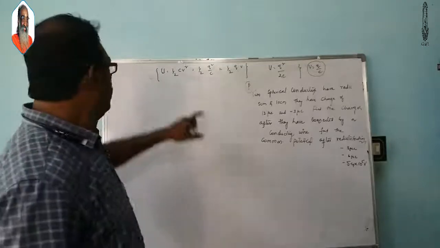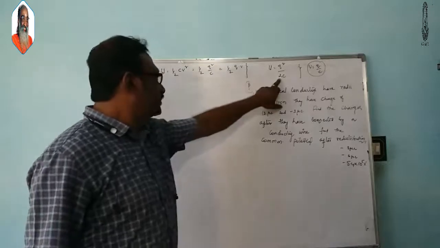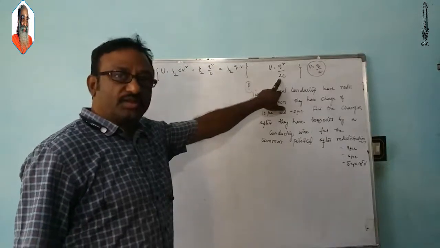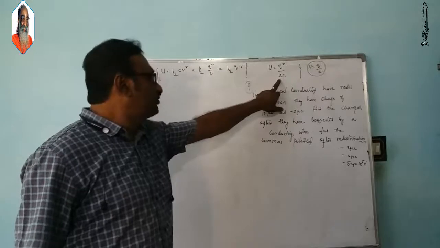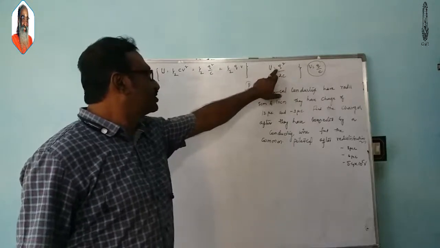We have derived the expression U is equal to Q square by 2C, where C is the capacitance of the conductor and Q is the charge given to it.